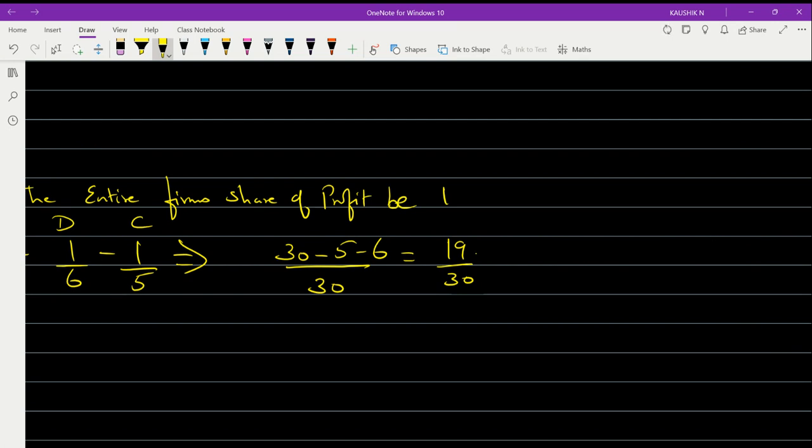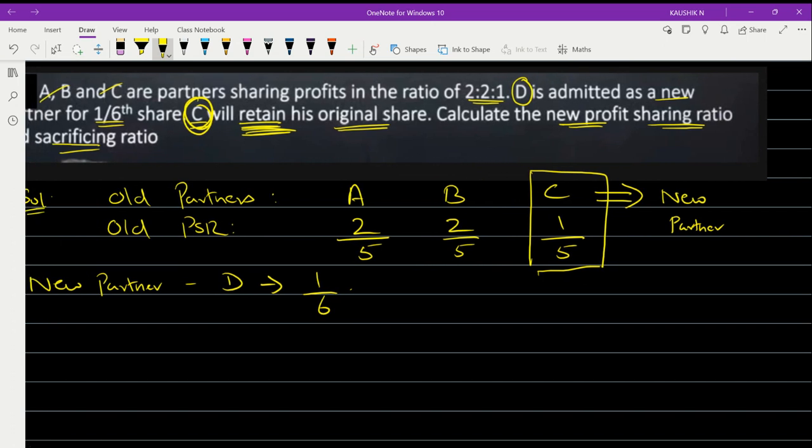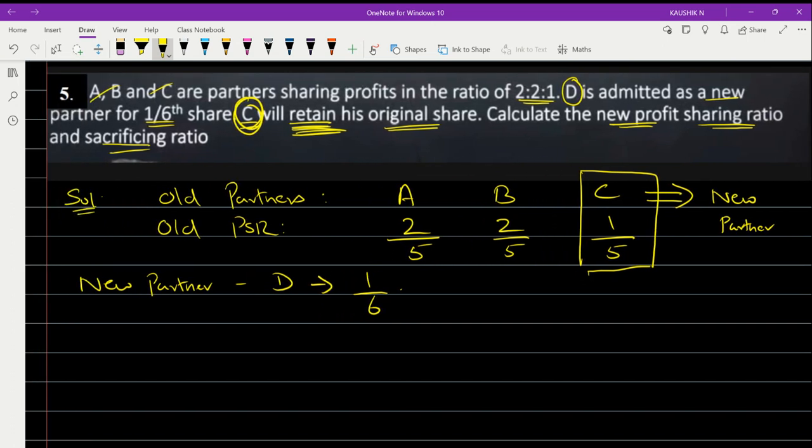This 19 by 30 will now be taken up by partners A and B. So for partner A, it is going to be 19 by 30 into his old share. What was his old one? Yeah, 2 by 5.